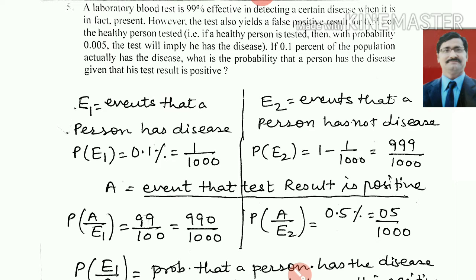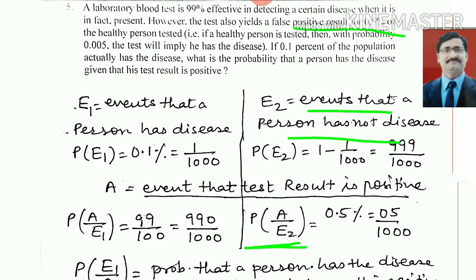And for a person who does not have the disease and is tested, what is the probability that he will get a positive result? That is 0.5%, so P(A|E2) is 0.5%, which means 5 upon 1000.